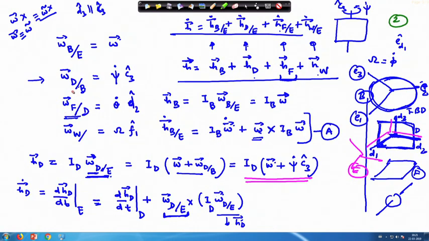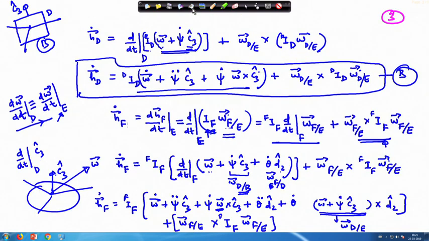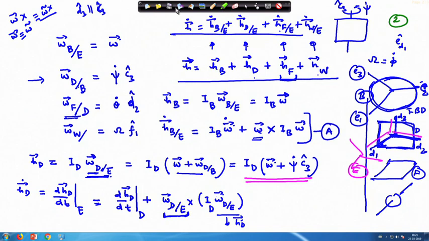Now, d slash b we have written here, what d slash e we have written. Okay. So, if you add these two, so your omega b slash e plus omega d slash b, okay, that gives you the total omega d with respect to the E frame, omega of d with respect to the E frame.